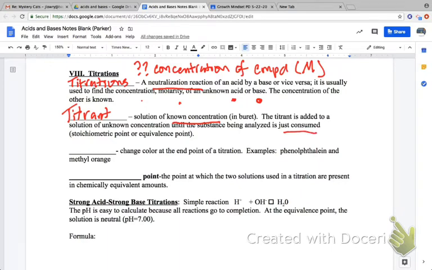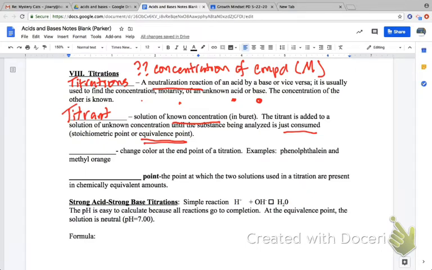And we say this is the stoichiometric point, or usually it's referred to as the equivalence point. So we titrate until we hit the equivalence point, because when we hit it, we are able to carry out calculations to figure out what the unknown is.